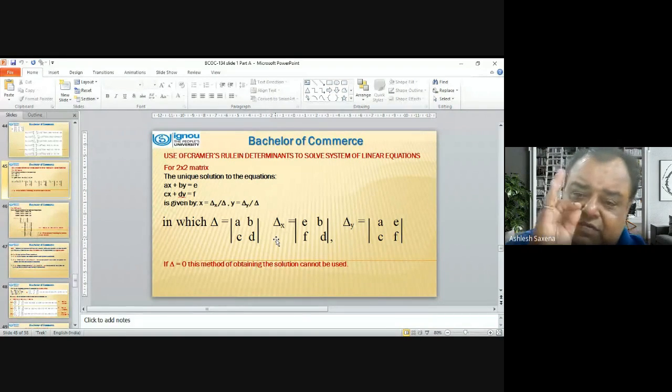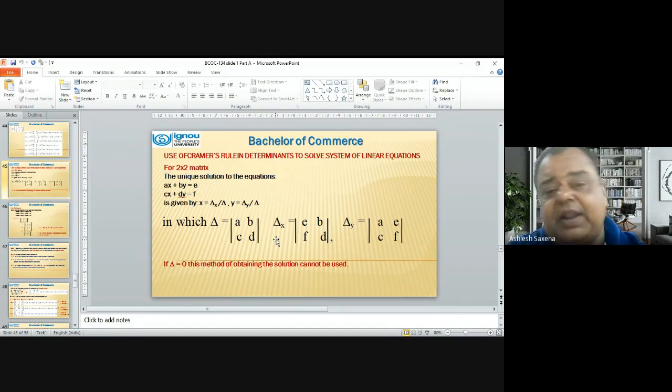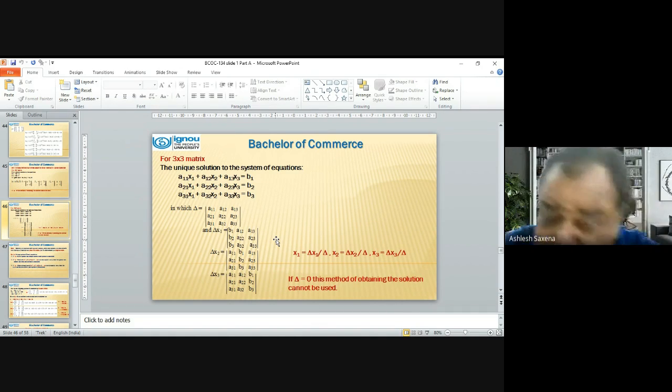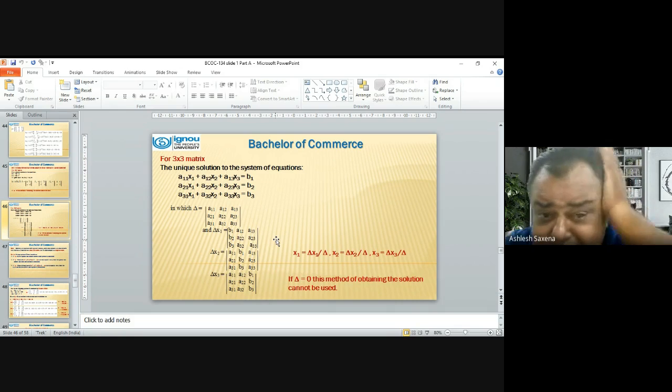This was for the 2 by 2 matrix, that means for two equations. Now moving further, three equations. See the change. Theory will remain the same. What we want, we will be changing that. Delta has to be calculated. So in delta, you have to take all the coefficients in the same order. You can see over here, A11, A12, A13.